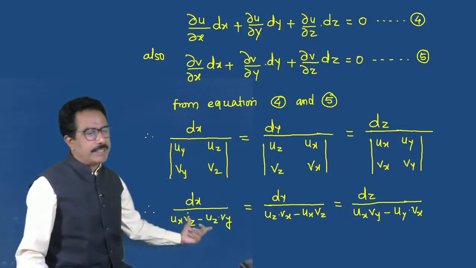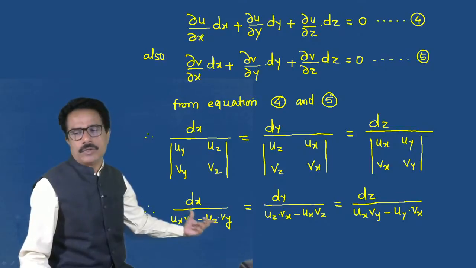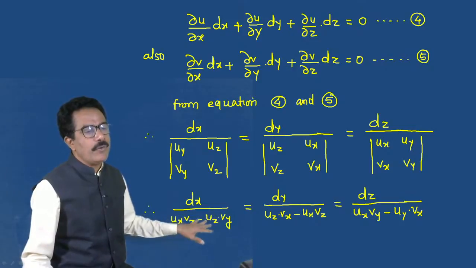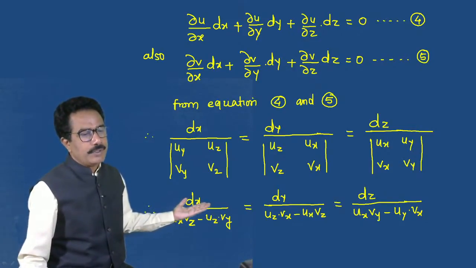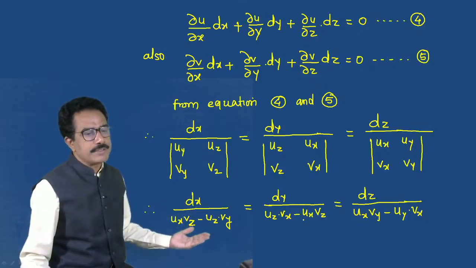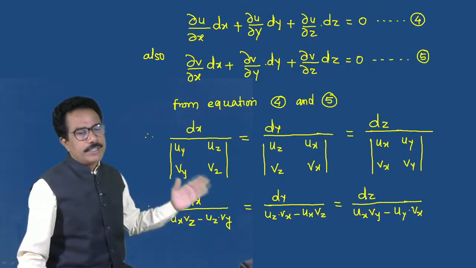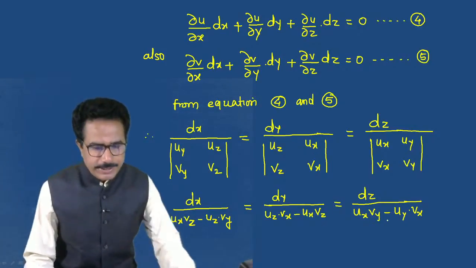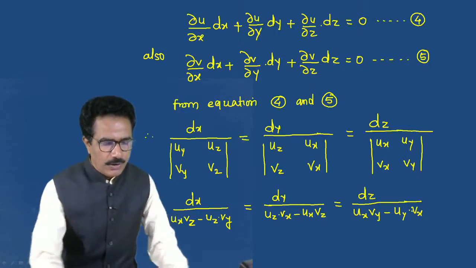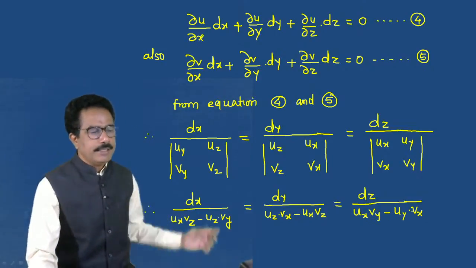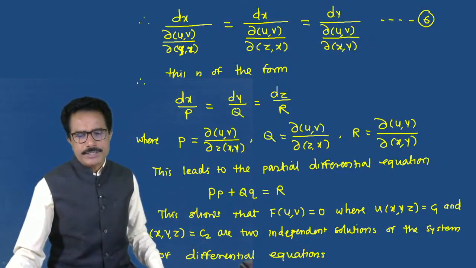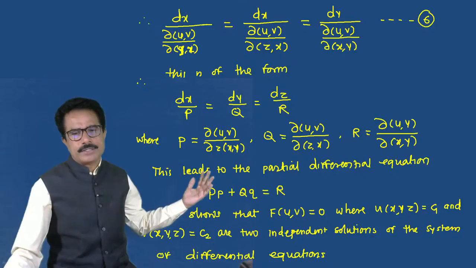By taking the cross multiplication, we can solve these determinants of order 2 by 2: dx divided by (uy vz minus uz vy), dy divided by (uz vx minus ux vz), and dz divided by (ux vy minus uy vx).